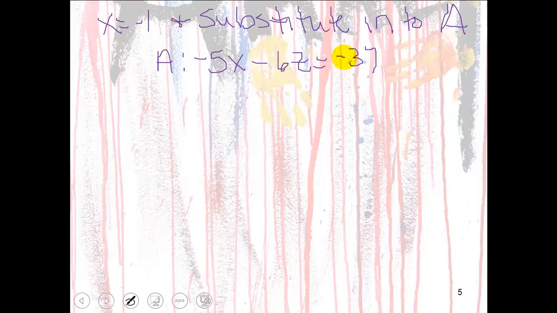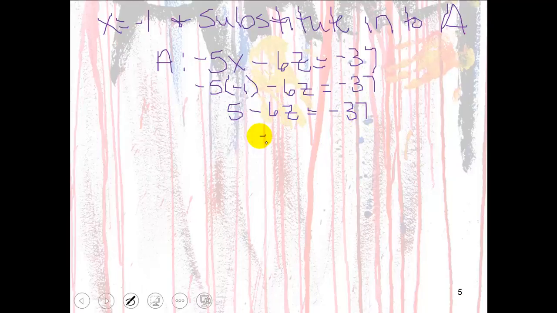Now I'm going to plug in the negative 1 for x. So I have negative 5 times negative 1 minus 6z equals negative 37. So this is 5 minus 6z is equal to negative 37. So negative 6z equals negative 42.